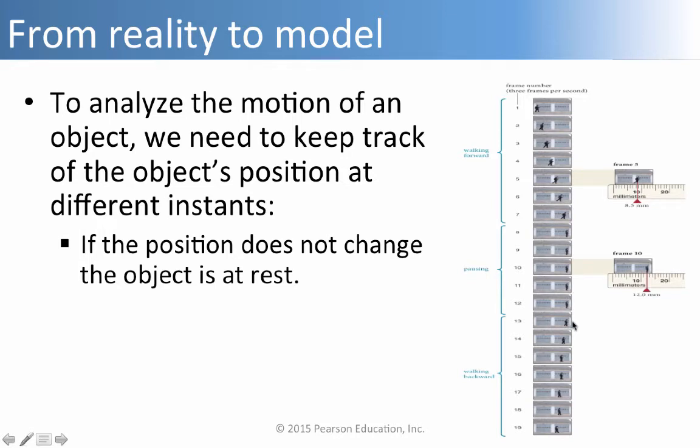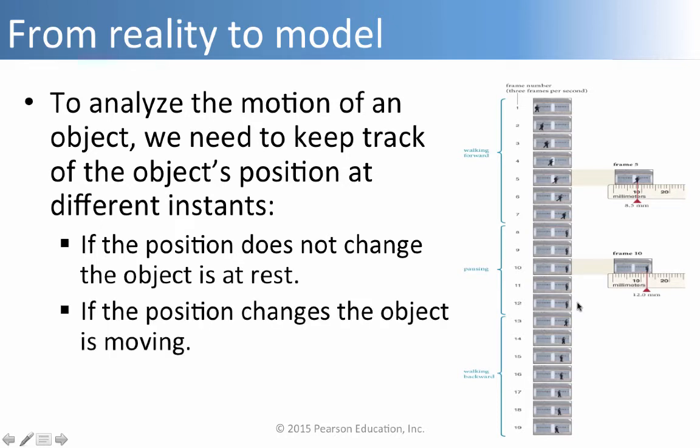And then here, we see a leg start to move again. So the figure must be moving again between these frames. So this is one way of describing the motion, and we can see here that when the position of this figure is not changing, the object's at rest. When the position does change, the object is moving.